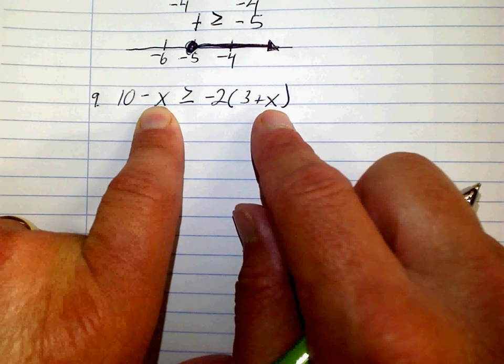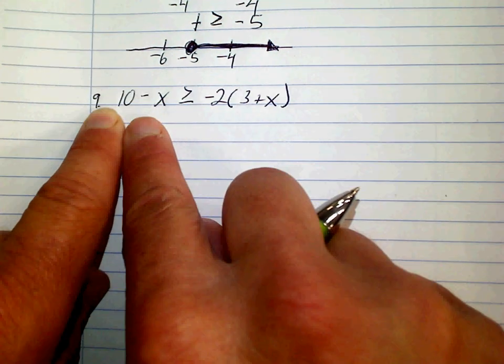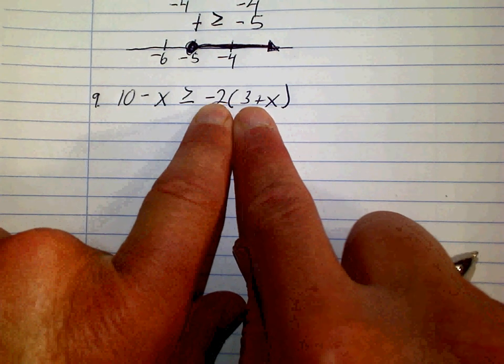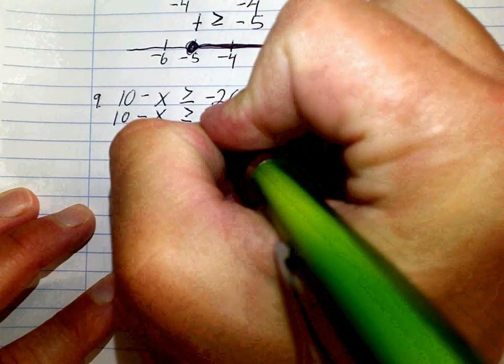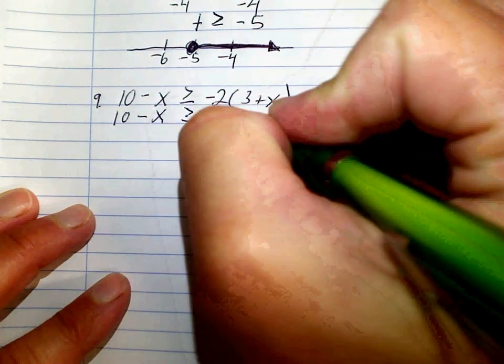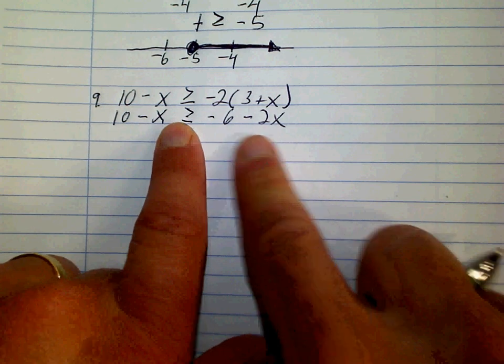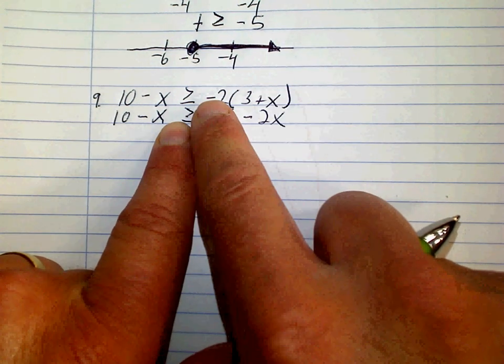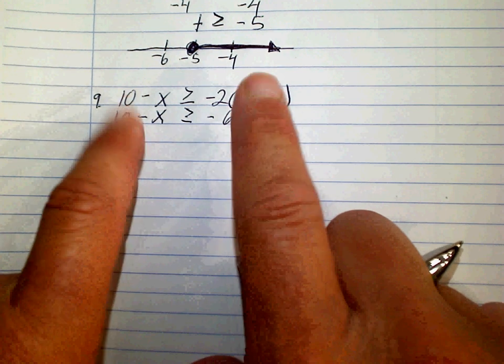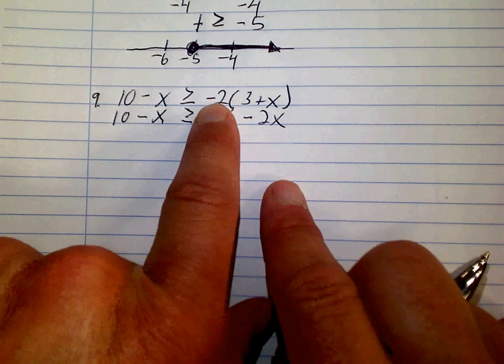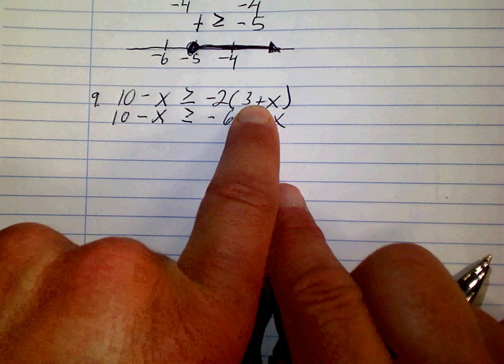There's nothing I can do on the left side. On the right side, I could use the distributive property, so let's go 10 minus x greater than or equal to -6 minus 2x. I don't flip the inequality there. I didn't multiply a negative to both sides, did I? I just multiply the -2 over here using the distributive property. So that doesn't flip my inequality yet.